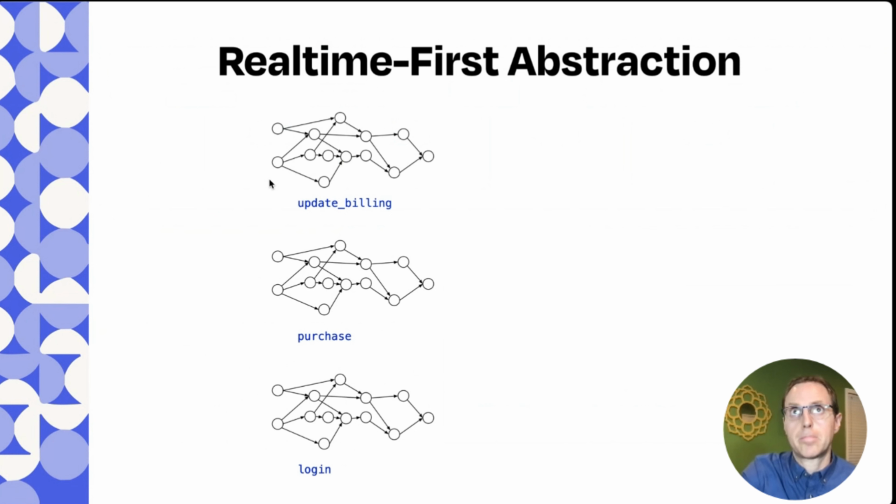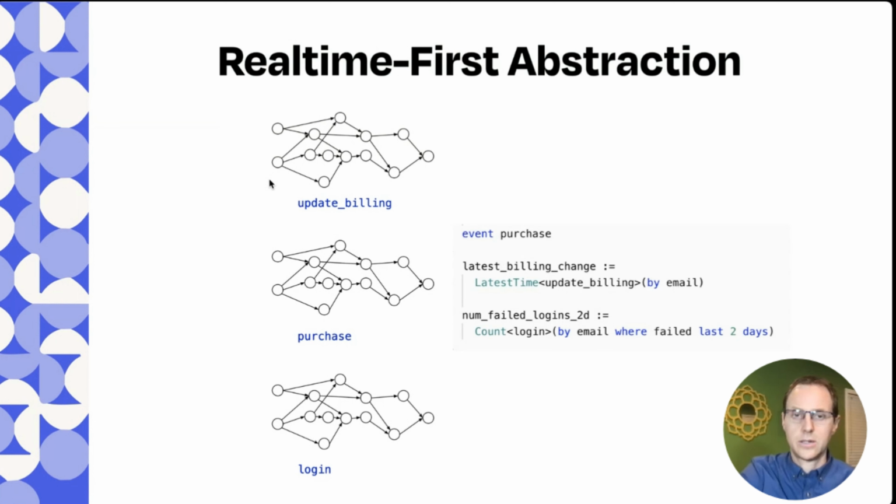And so what I'm calling a real-time first abstraction is one where we have one of these DAGs for each of the different event types that we will potentially see, and they're all collectively compiled together and aware of each other. When we describe the logic of, say, what's going to happen at purchase time, we may have some features that we're going to compute, like I want to know the latest time I changed the billing, or I want to know the number of logins that failed for this user over the past 2 days.